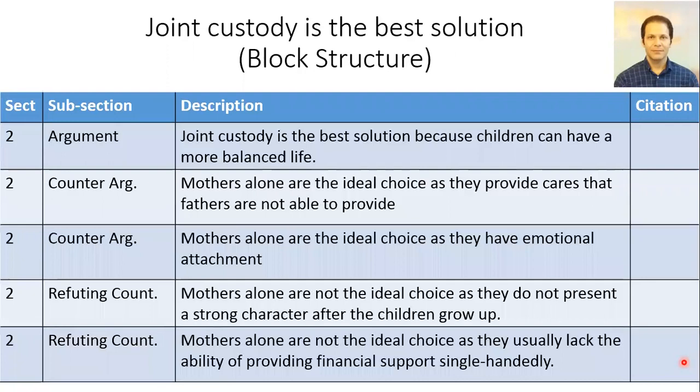Now, let's look at this slide. This slide presents the same topic in a block structure. So here, I do not have to follow the same one-to-one match. I just present the argument. Joint custody is the best solution because children can have a more balanced life. And then I bring counter arguments regarding that mothers alone are the ideal choice.